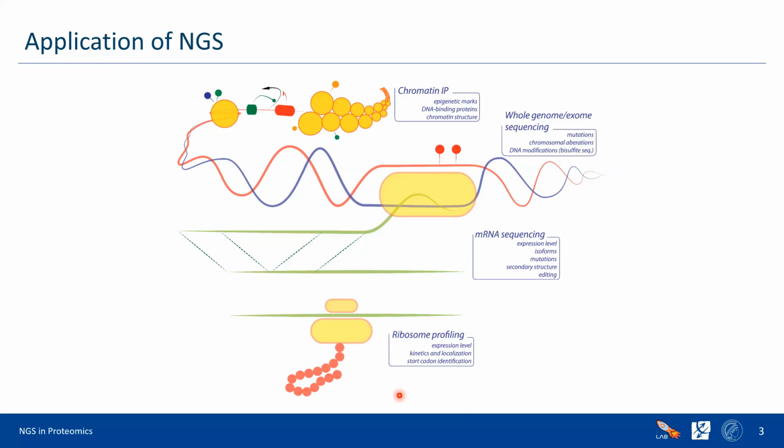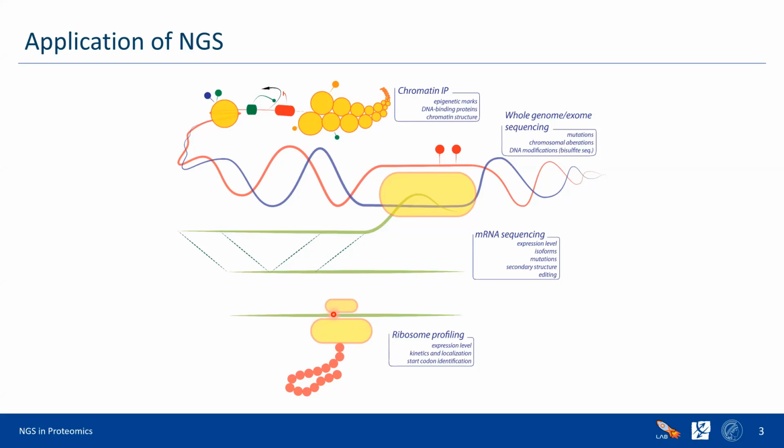In ribosome profiling, ribosomes cover approximately 30 nucleotides. What you can do is freeze them in the place where they are translating, digest all the RNA, and extract the small RNA, which is like a sausage in between, like in a hot dog, where the bread is the ribosome.